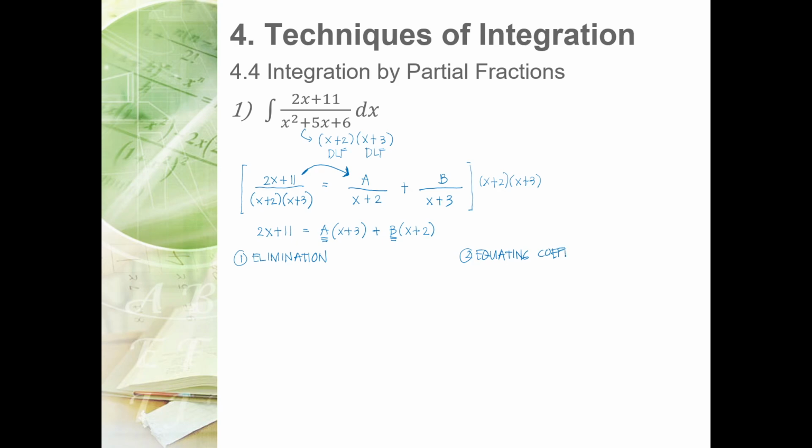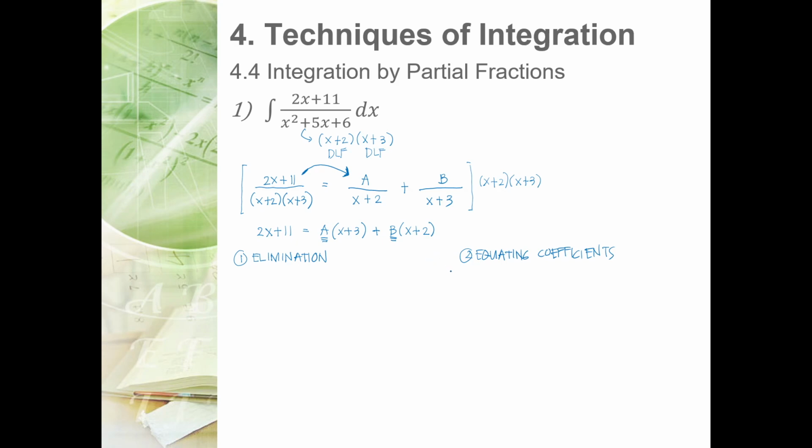Of course, the two types of method in solving the variables have their advantages and disadvantages. For elimination, most probably it can only be applied in linear factors. Most likely dili siya applicable sa quadratic. But again, usually in linear factors with 2 to 3 unknown variables.